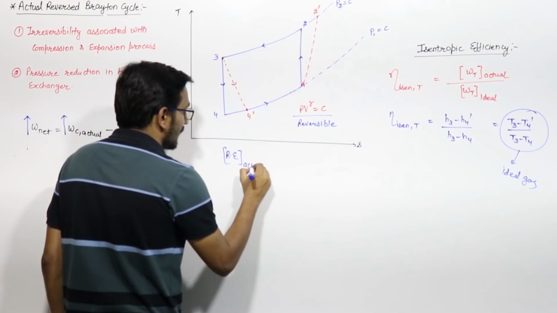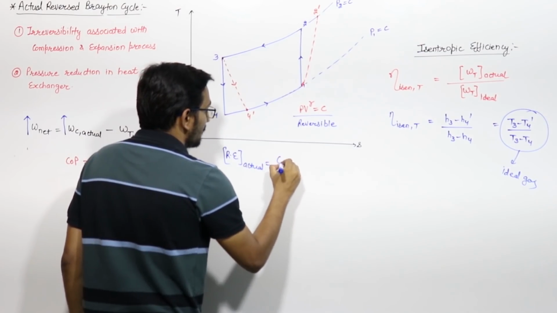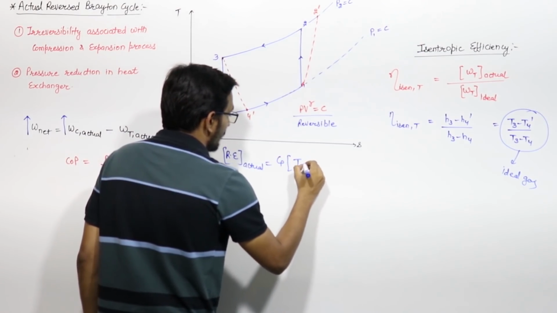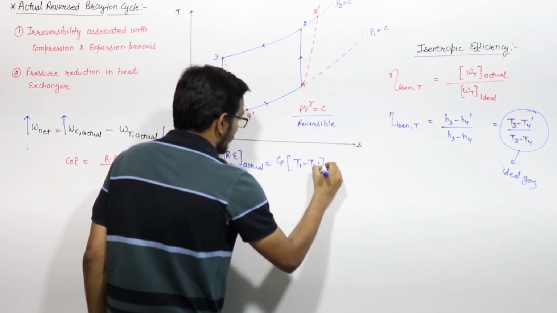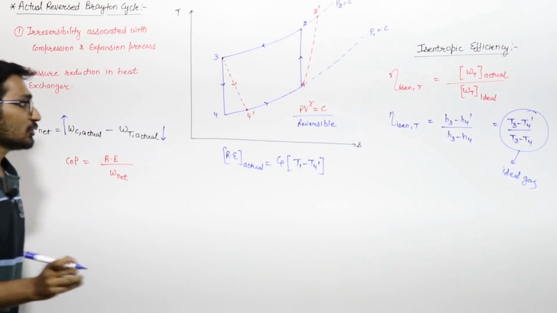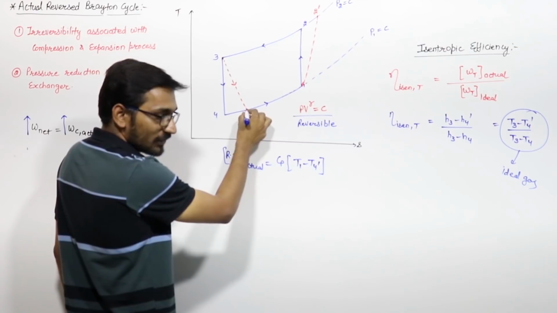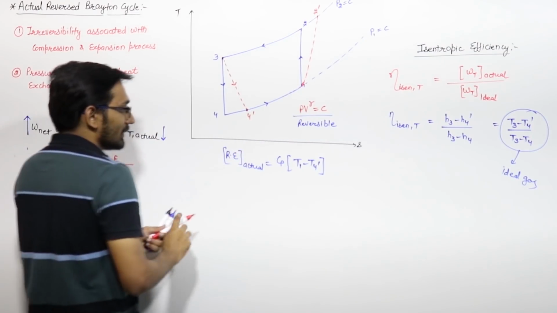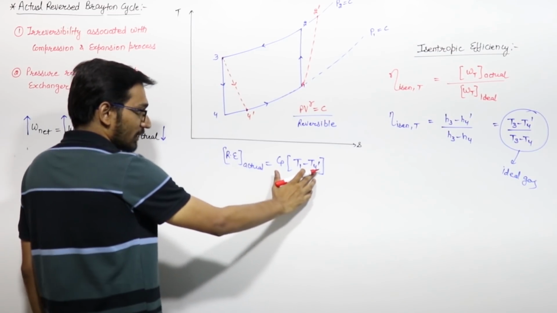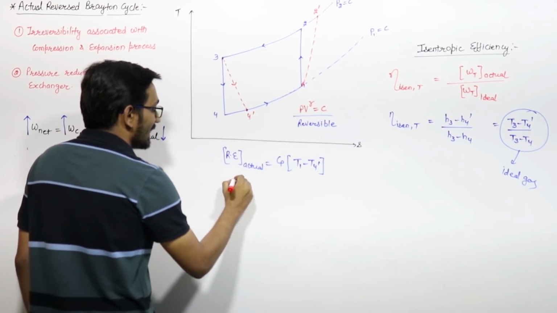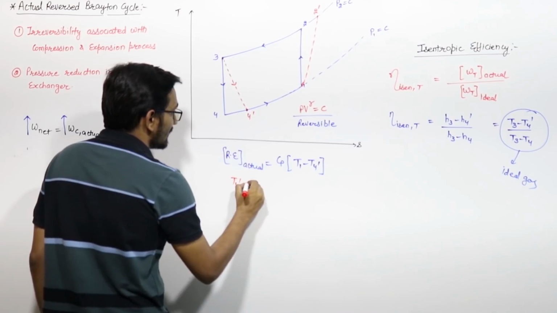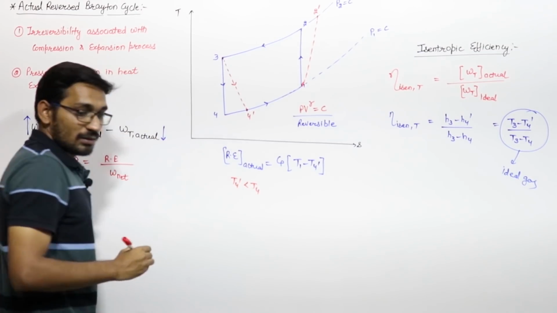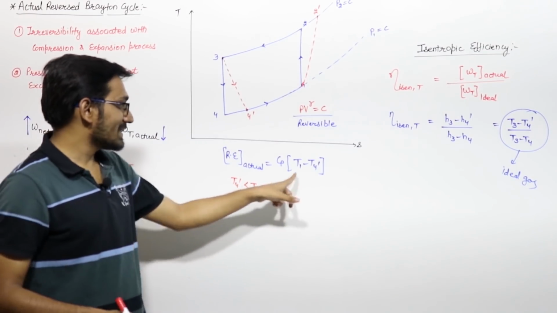Actual refrigeration effect will be equal to Cp into T1 minus T4 dash, right? Actual process is up to 4 dash only. So this is T1 minus T4 dash. You can see that T4 dash is more than T4.